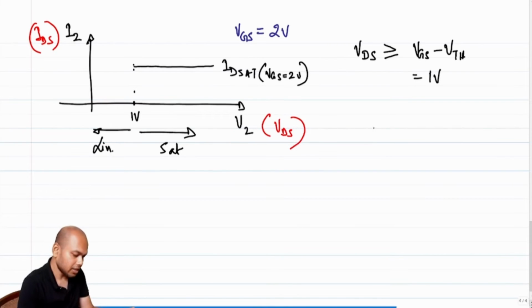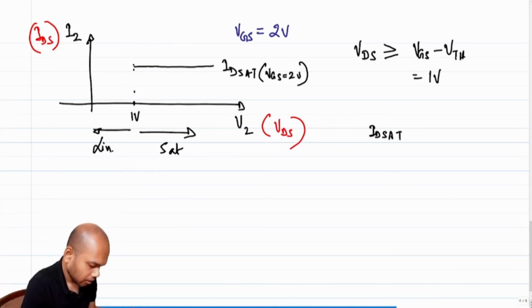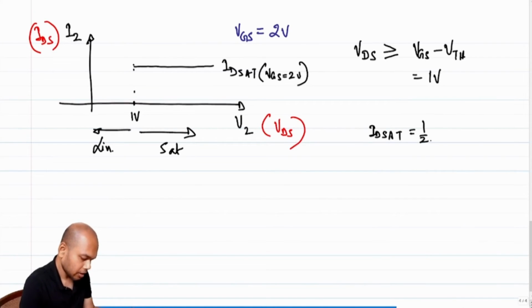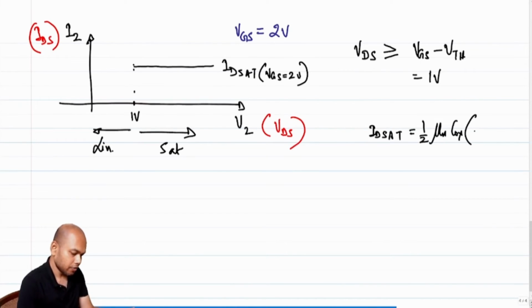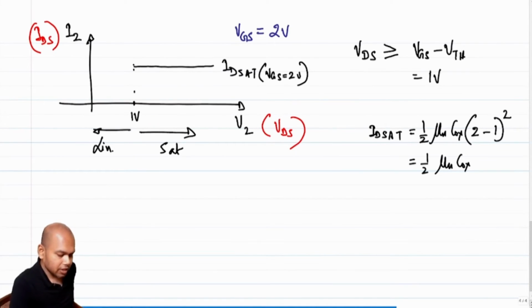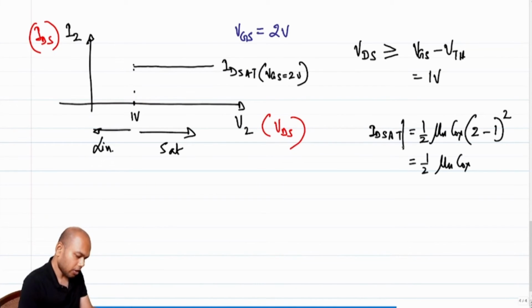What is ID set? ID set is half mu n Cox times VGS, which is 2 volt, minus threshold voltage, 1 volt, whole square, which is half mu n Cox times 1. Whatever this value might be, this is my ID set.